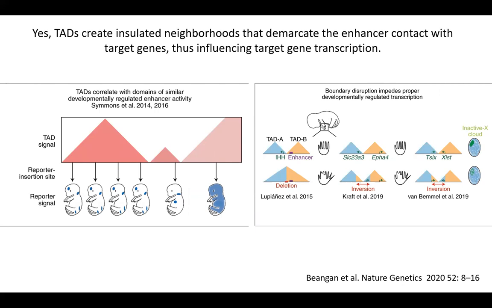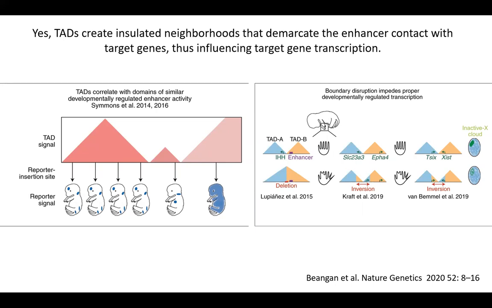But some of the evidence supporting the functional role of TADs comes from studies that looked at how artificial regulatory elements introduced into the genome drive the expression of the genes. So scientists have introduced artificial enhancers with a reporter attached into different parts of TADs along the chromosomes and looked at how these reporters are expressed along the embryo, the pattern of the expression.